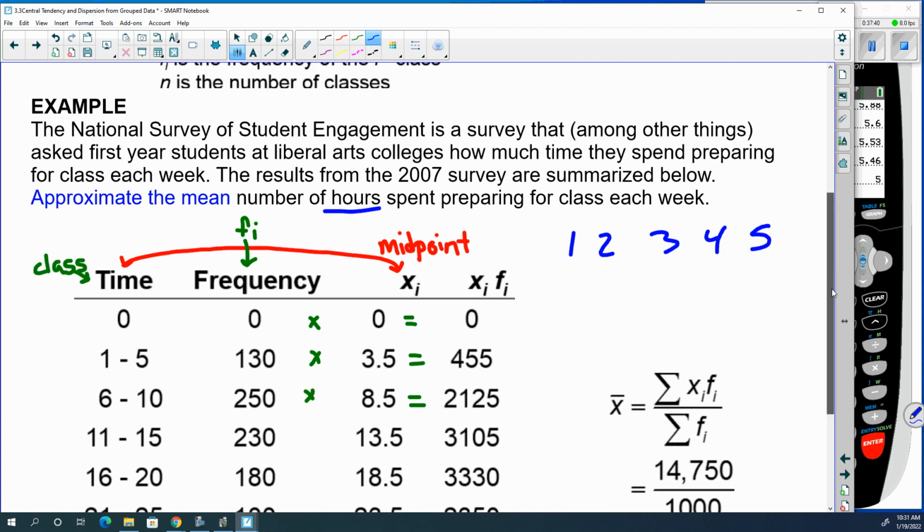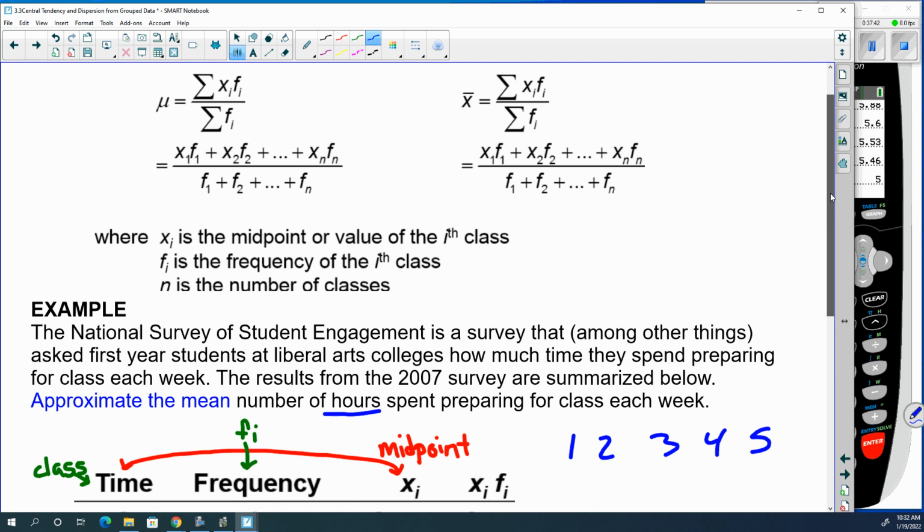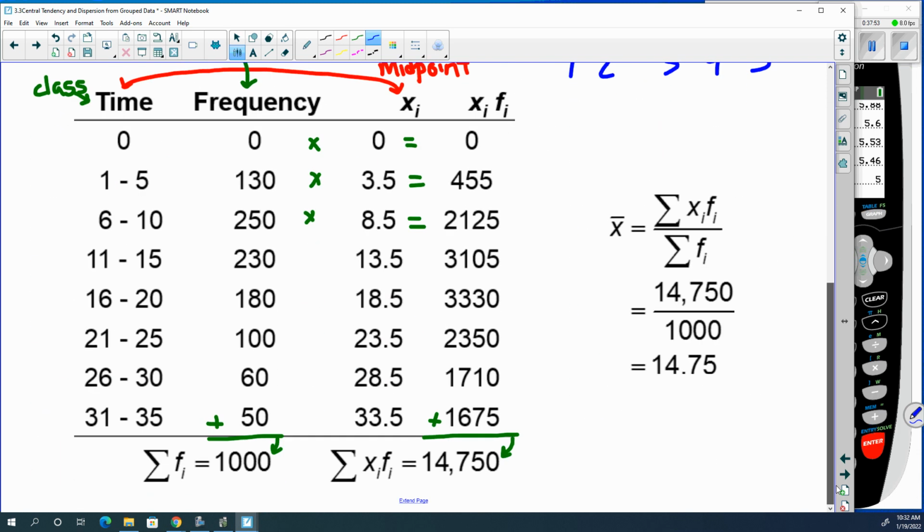So then the formula says after you do all that multiplication, you add them all together, that's the top of the fraction, and then we divide it by the sum of all the frequencies. So at the bottom of the chart, if you added all of these together, we end up with this number here, and then you divide it by the sum of all the frequencies. If you added all these frequencies together, you get 1,000.